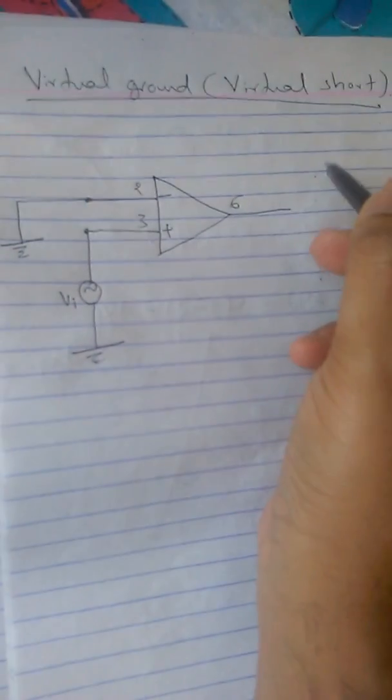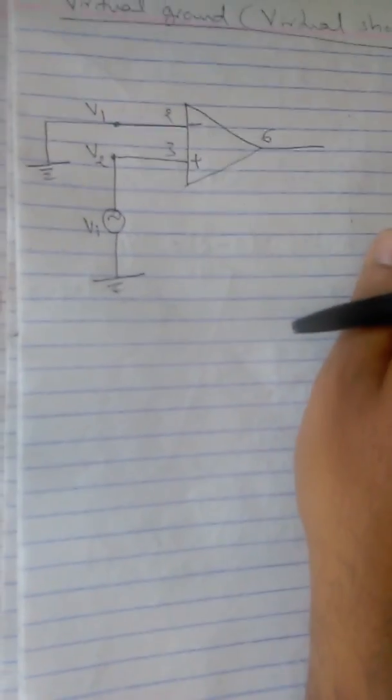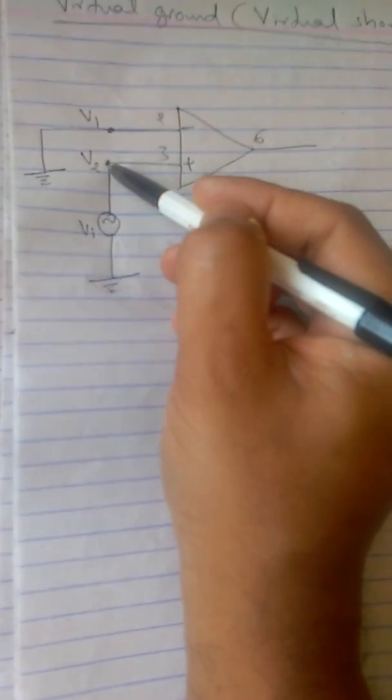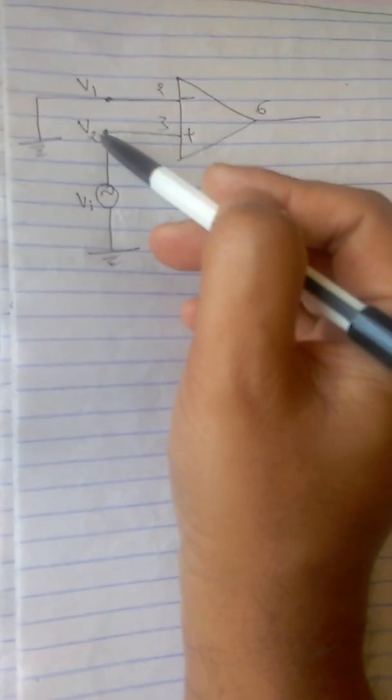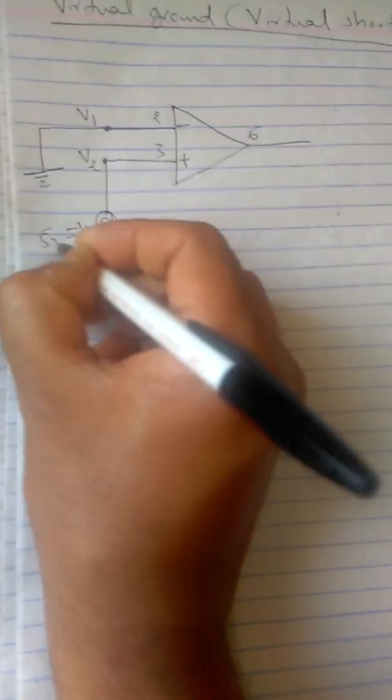I have two terminals here. Say this is V1 and this one is V2, and these two are basically not connected. So what happens is, virtual ground means even though V1 and V2 are not connected, whatever voltage we can expect at V2, the same will appear at V1. Say Vi equal to 5 volts.